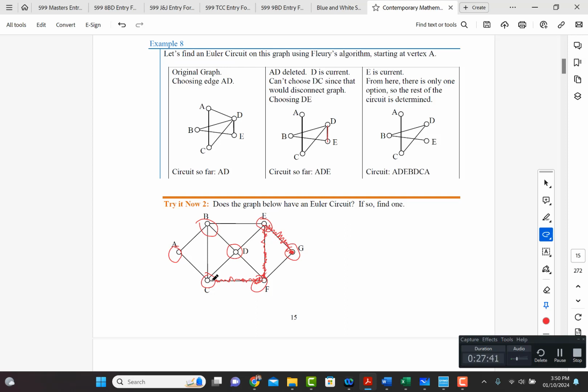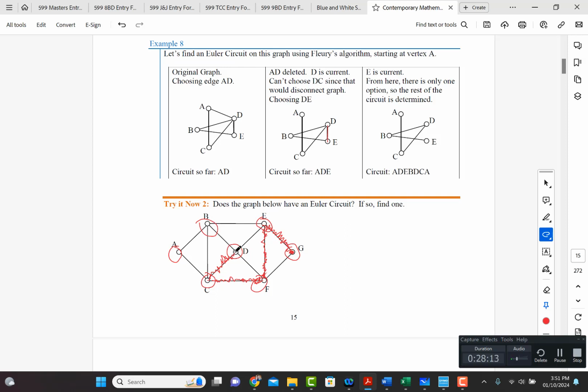a connected graph, right? So if I go to D, let's say, if I go to D and I scribble this one out, right? Well, what's left over? I still have a connected graph, right? I still have a connected graph.